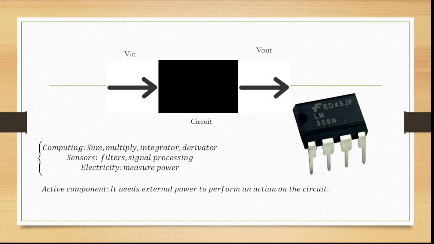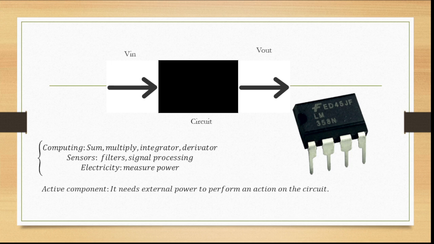An operational amplifier creates an effect in the circuit. Think of it as a black box. We know the input and the output, but we don't always know the exact process happening inside. Operational amplifiers are used in computing to build analog adders, multipliers, differentiators, and integrators.